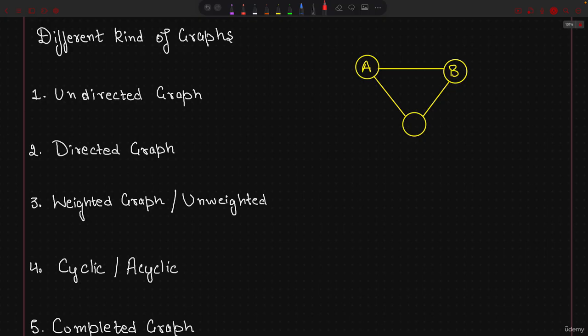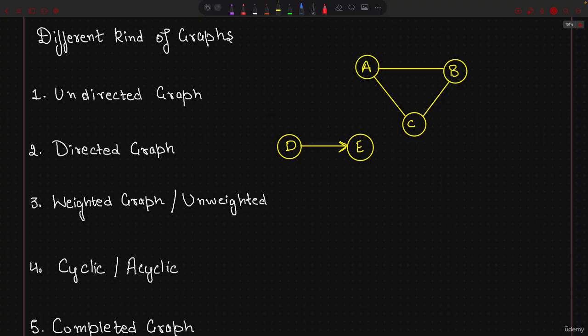The opposite of that, of course, is the directed graph. Now in a directed graph, we have some directions. So for example, let's say this is D and E. If we have some edge which has a direction associated, then it's a directed graph.